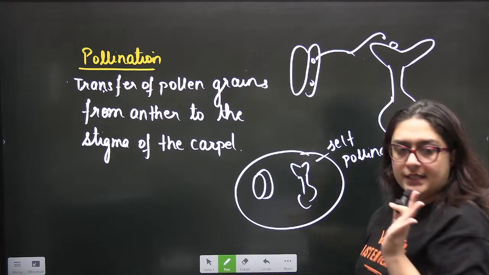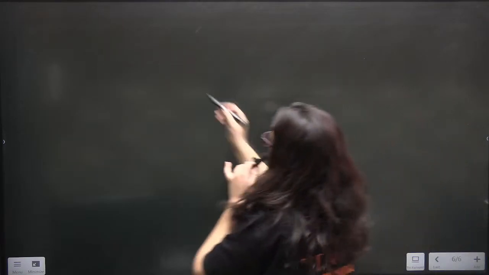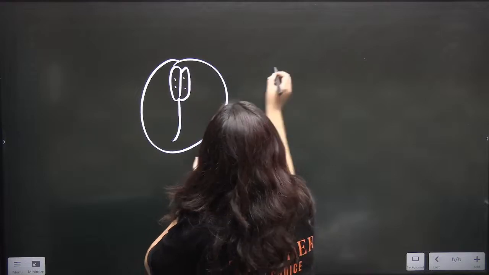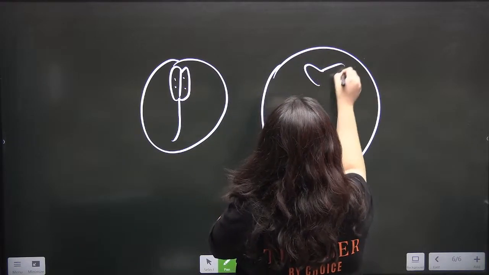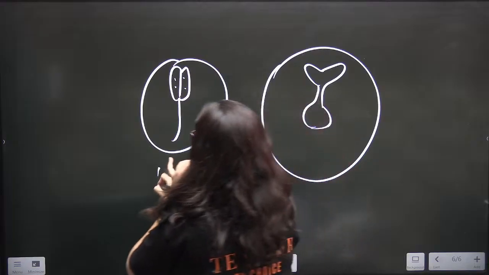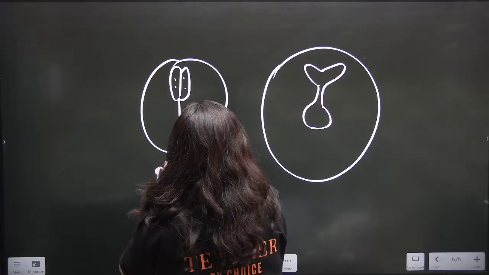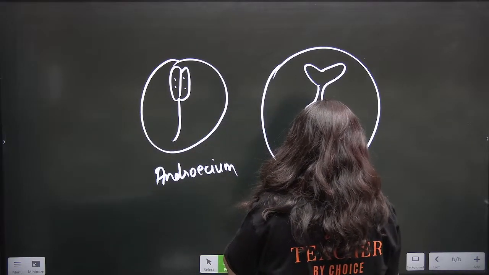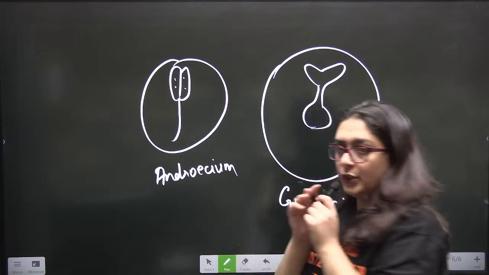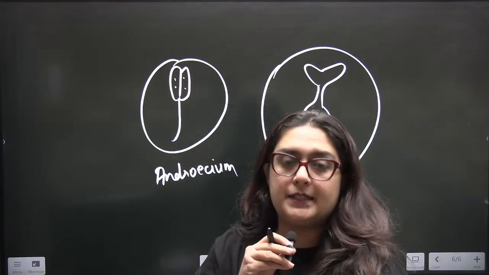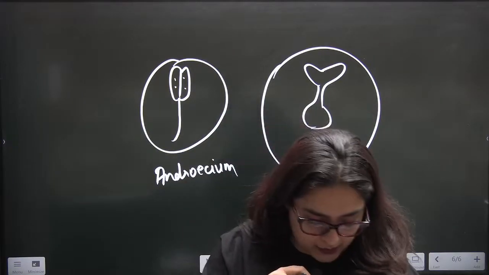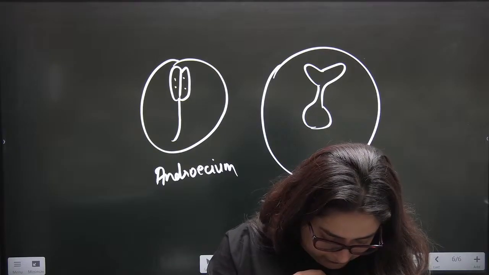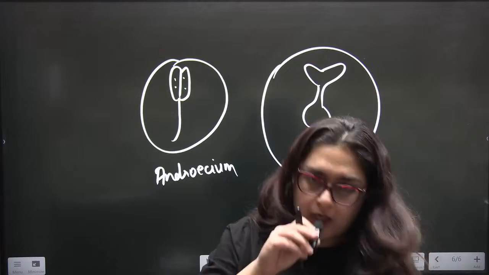And if this is the plant where there is only anther, and this is your stigma, style, and ovary, this is androecium. This is gynoecium. Whenever the word gyne comes, it means related to female reproductive structures, their health, functionality, understanding, and structure. Okay, is it clear?